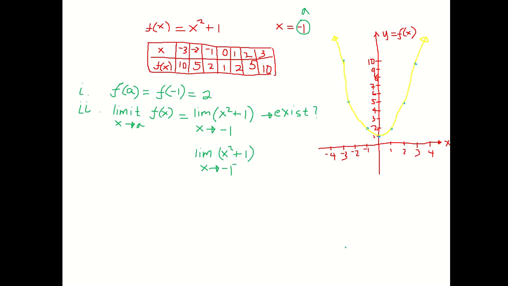From the left means that we need to trace the graph from the left towards x equal to minus 1. So where is this x equal to minus 1? Alright, so this is x equal to minus 1.